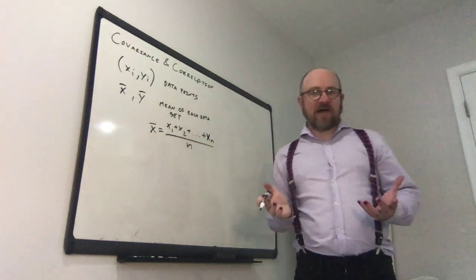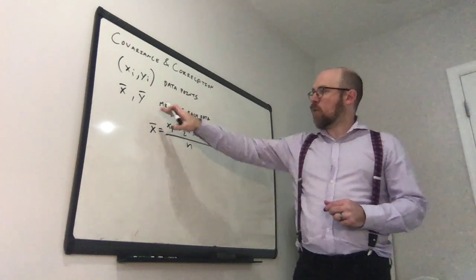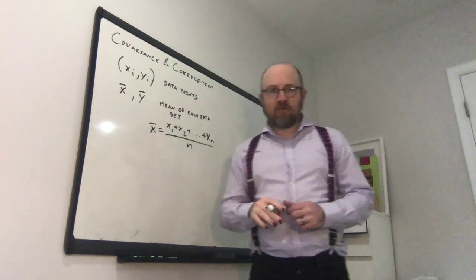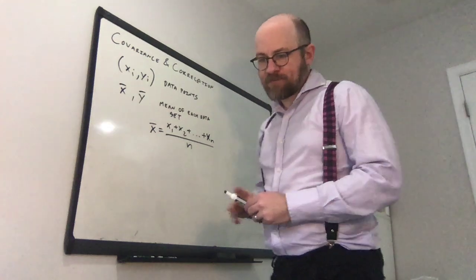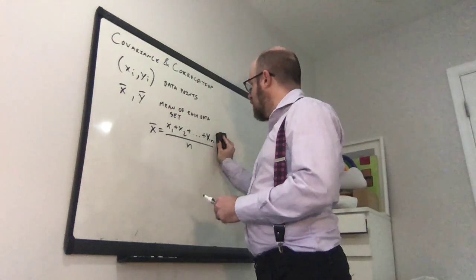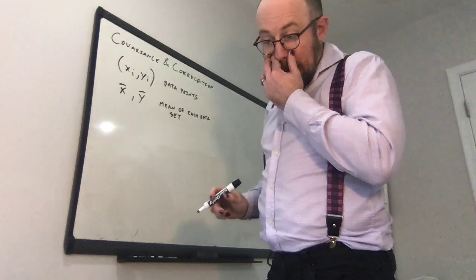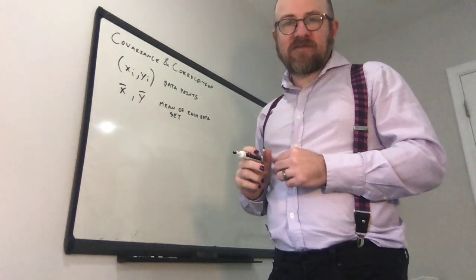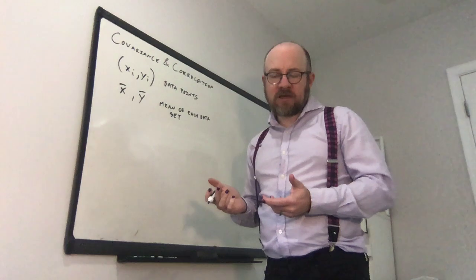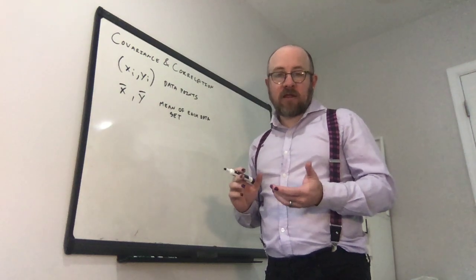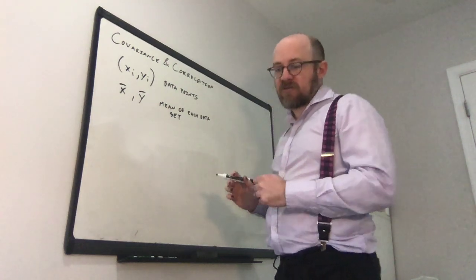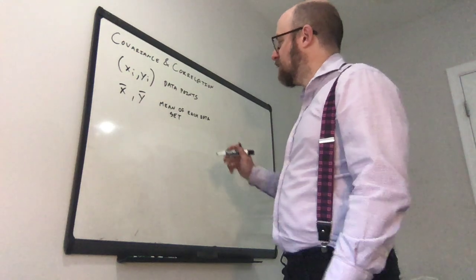It's the average value of all the x values. Similarly, y bar is the average value of all the y values. So if we have those, we take something similar to the standard deviation between x and y. It's a similar kind of calculation to what we had for standard deviation.